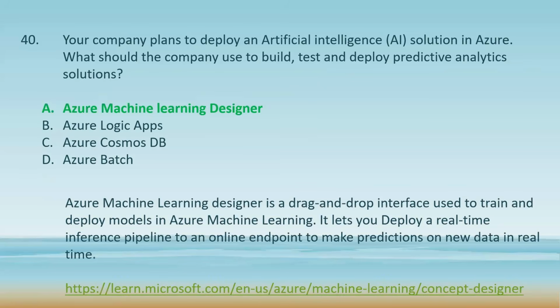So the correct answer is option A, Azure Machine Learning Designer. It is a drag and drop interface used to train and deploy models in Azure Machine Learning. It lets you deploy a real-time inference pipeline to an online endpoint to make predictions on new data in real time.